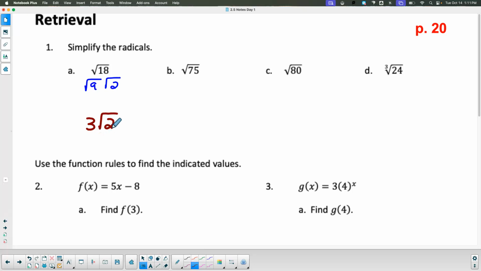I get 3 square roots of 2 for part A. Yes? Okay. I get 5 square roots of 3 for part B. Yes?